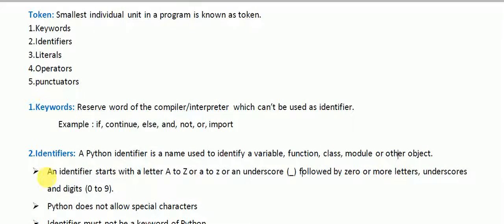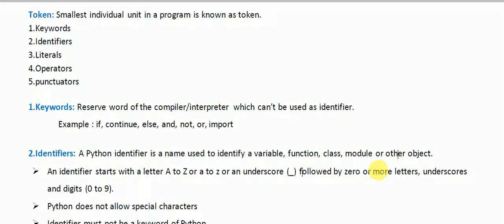So what are the rules for naming an identifier? An identifier starts with a letter A to Z or capital A to capital Z, meaning it can start with a capital letter or a small letter, or an underscore, followed by zero or more letters.